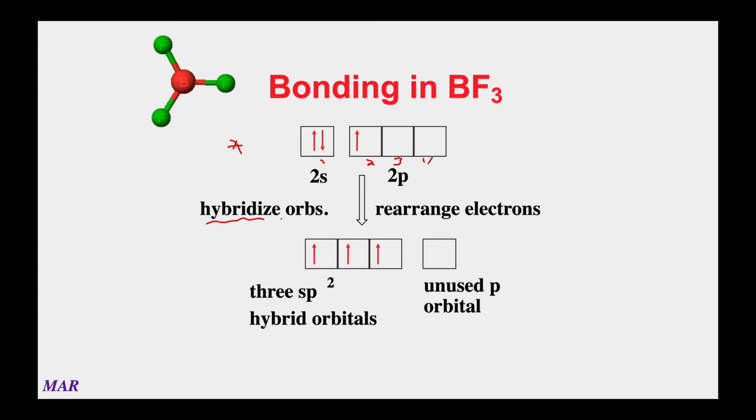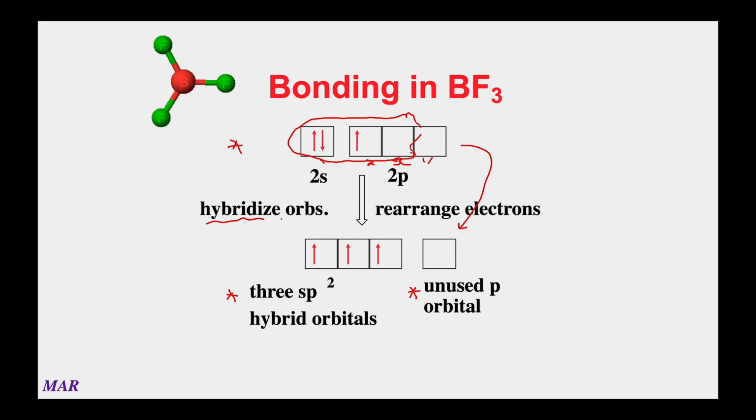And for boron, in boron trifluoride, what that means is you're going to have 3 orbitals, which are these hybrid orbitals, and they're all the same energy. And in boron's case, there's going to be an unused p orbital we're going to talk about. So you can think about it like I said, you're taking these 3 orbitals and you're mixing them. This one just goes straight down and is unused in this case.